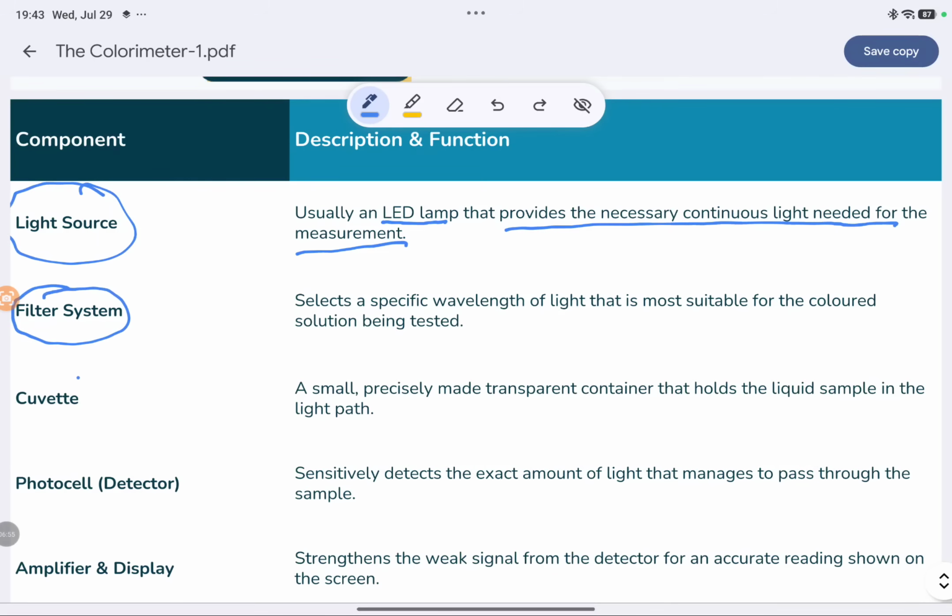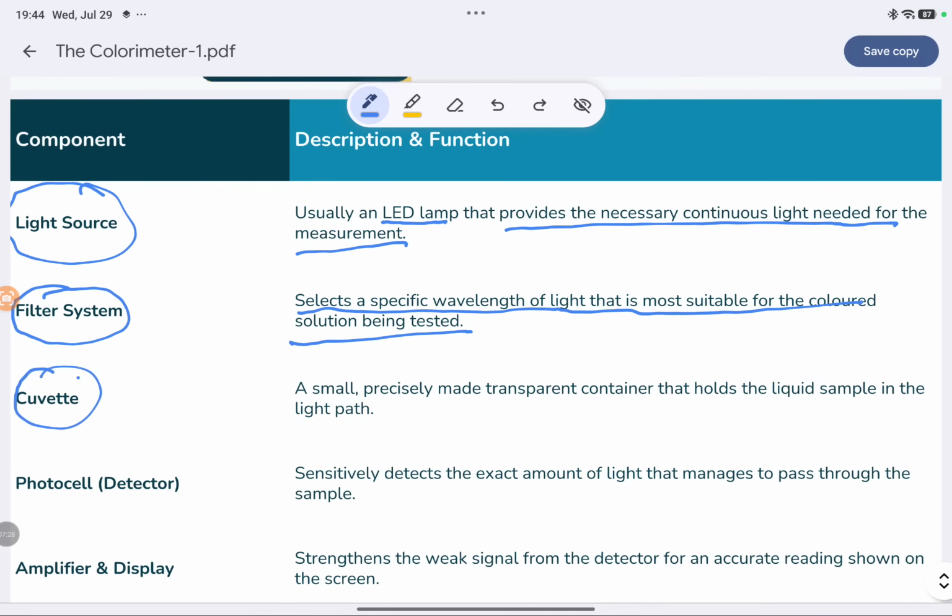The main work of the filter system is to select a specific wavelength of light that is most suitable for the colored solution being tested.